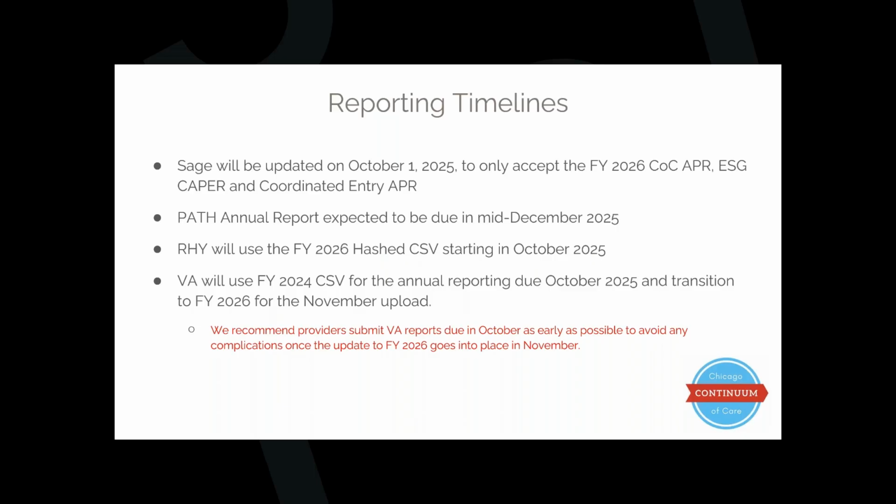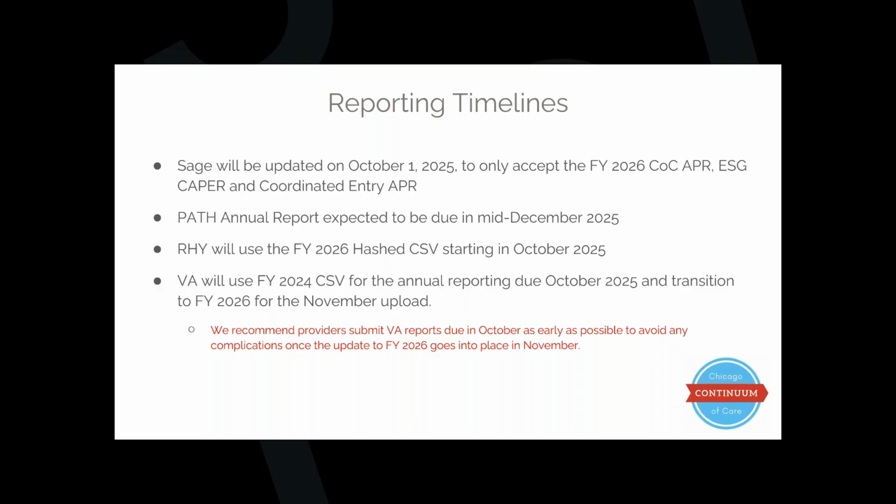What that means is that if you wait until next week, the 29th, to run a report and you're planning on uploading that file into Sage on the 2nd, Sage is going to reject that file and you're going to have to run a brand new report in HMIS under the fiscal year 2026 format.